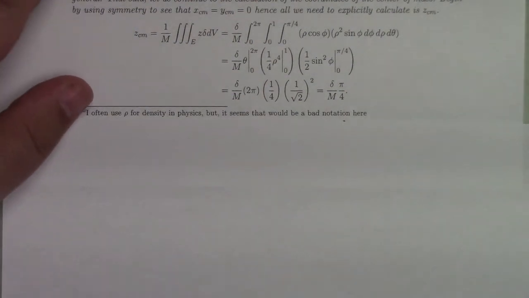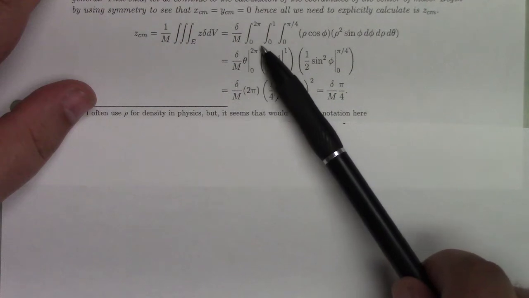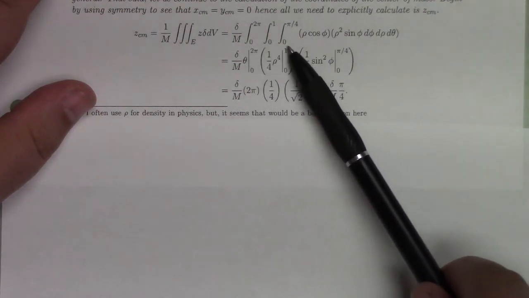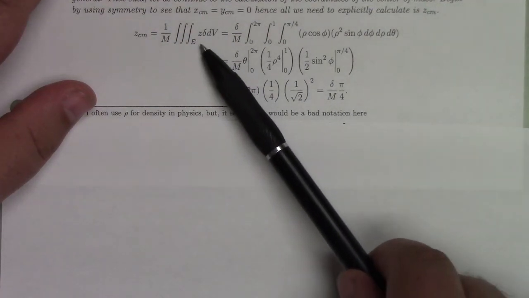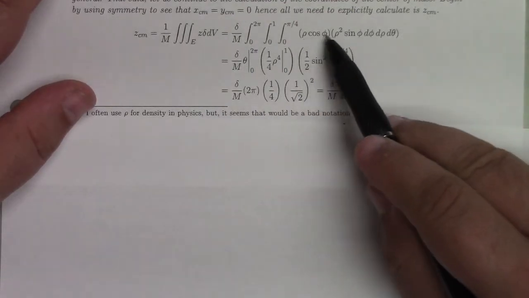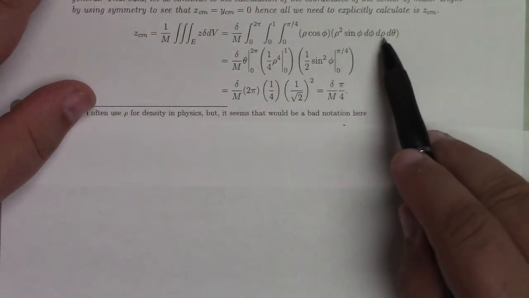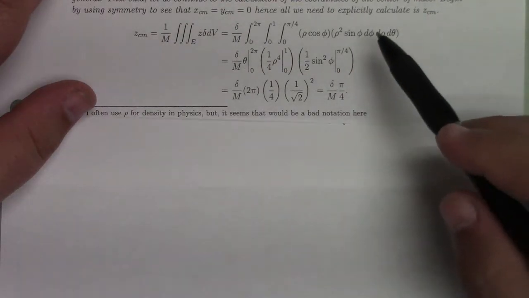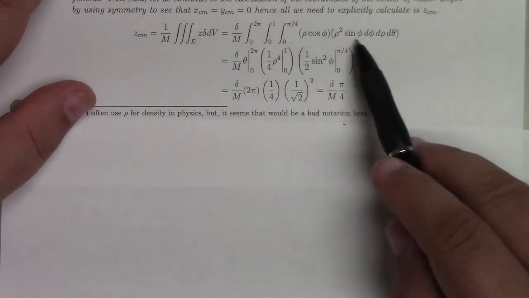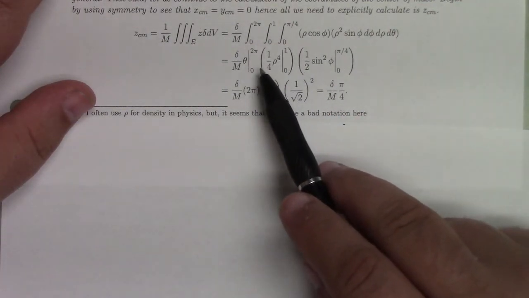So the z center of mass is 1 over m integral of z delta dv, and once more we face the same bounds in sphericals. This time z is equal to rho cosine phi. dv is once again rho squared sine phi, d phi d rho d theta. And again, I can uncouple the integrals and just multiply them because they've got nice, boring constant bounds.